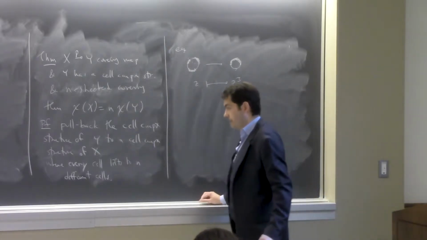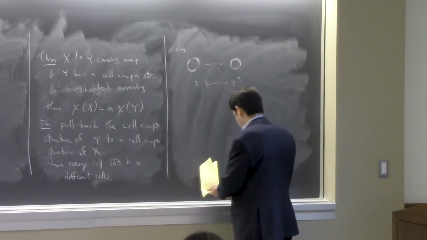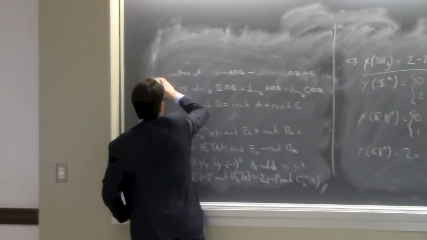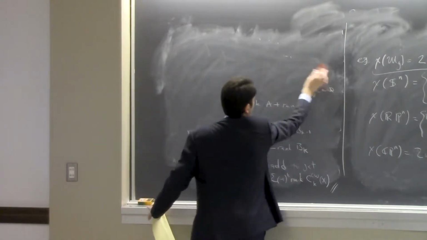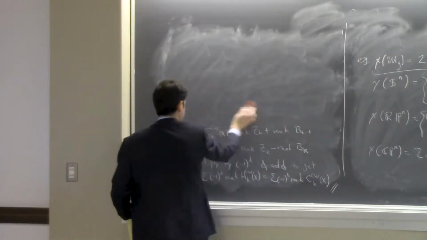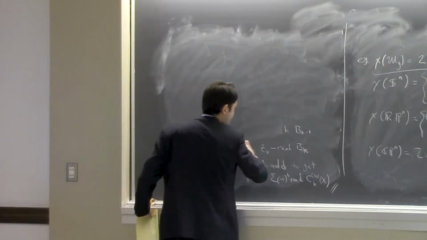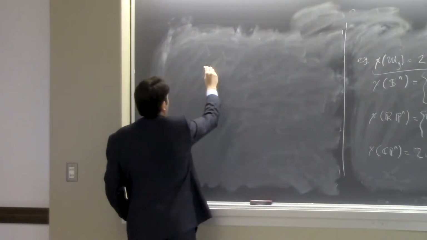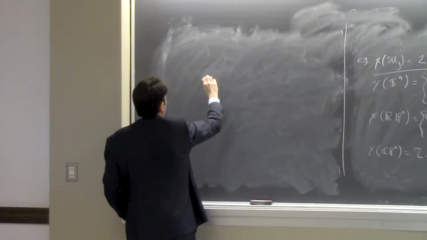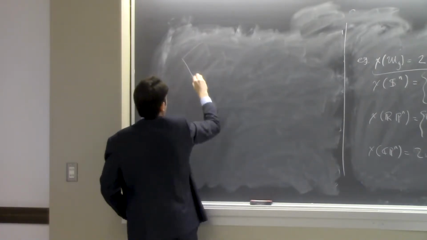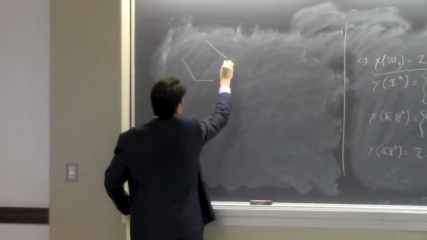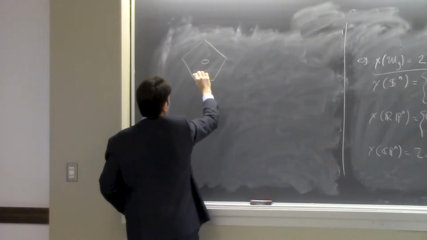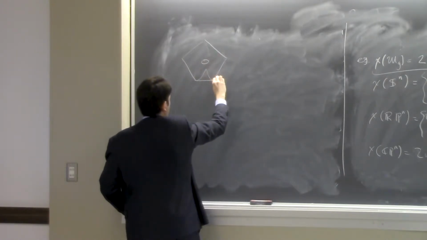Okay, so what we did earlier in the semester, when we were talking about group actions and how those gave you covering spaces, we drew a picture like this. So we had a pentagon, and then in the center we're going to put a hole, and then we're going to draw like a star.